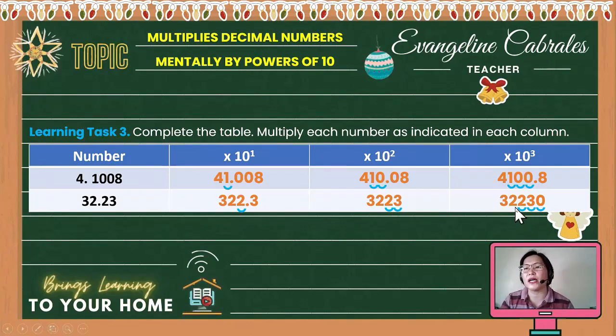Kaya ang sagot ay 32,230. Nilagyan ng 0 sa dulo para sa bakante. At wala ng decimal point dahil ito ay whole number. So, ganyan kadaling mag-multiply ng decimal numbers mentally by powers of 10 kapag whole numbers ang involved.